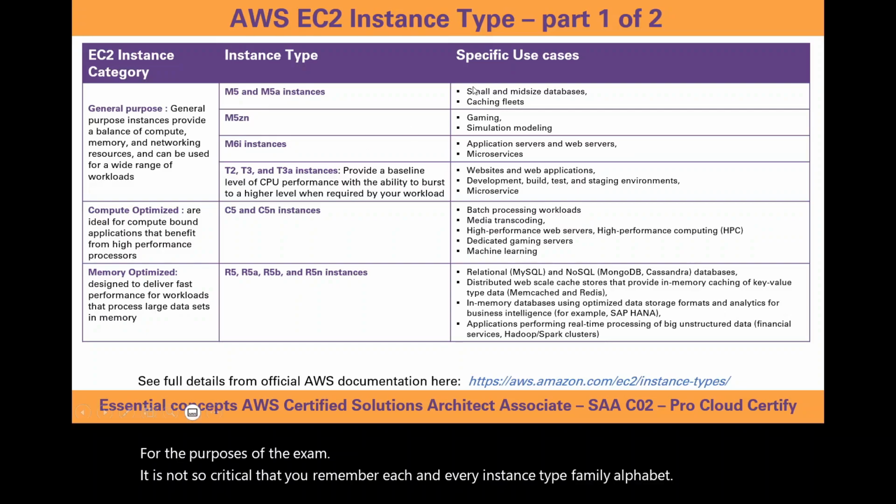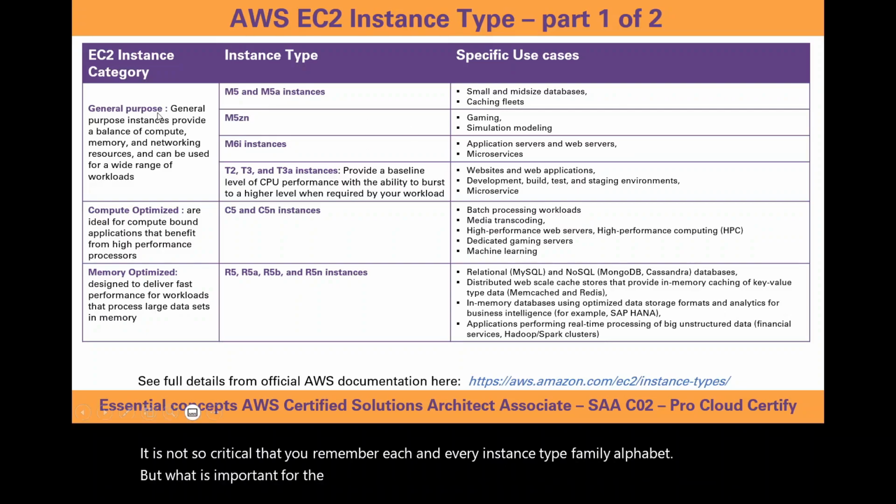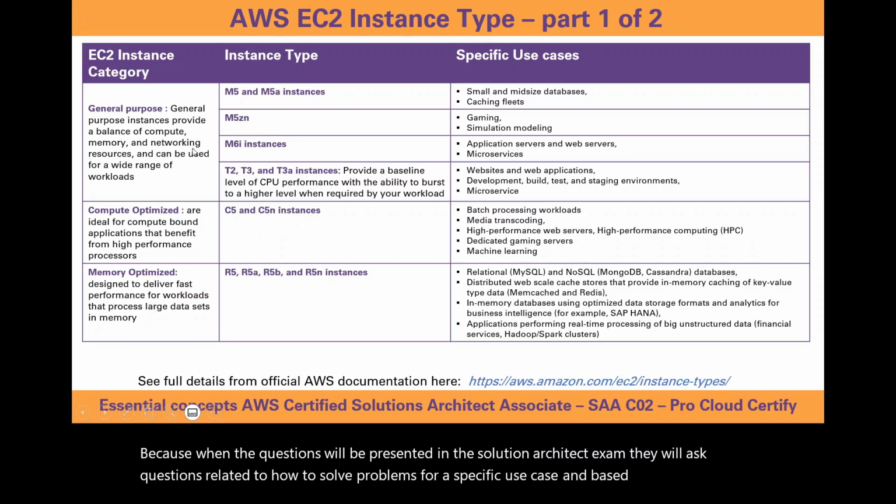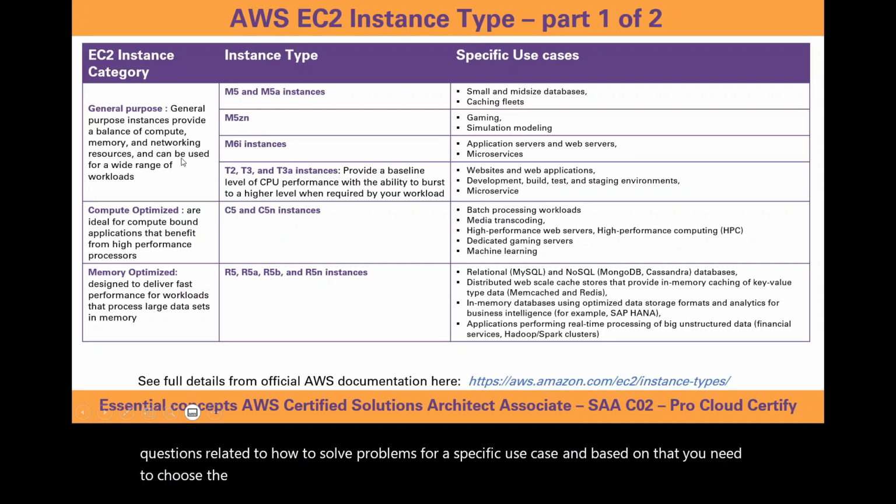But what is important for the exam is that you know what a general purpose instance category is and what use cases can be supported by this particular instance type. Because when the questions are presented in the solution architect exam, they will ask how to solve problems for a specific use case, and based on that you need to choose the appropriate instance category.